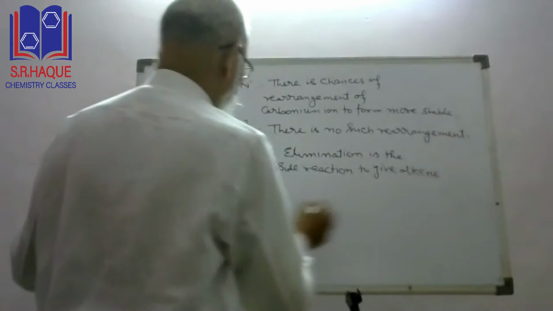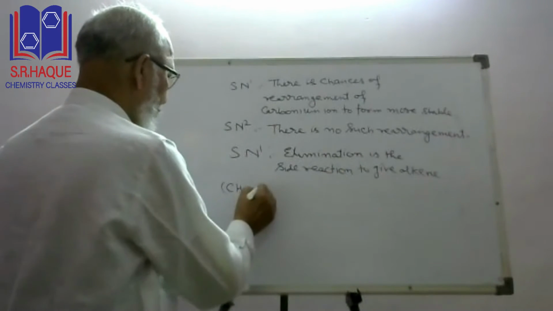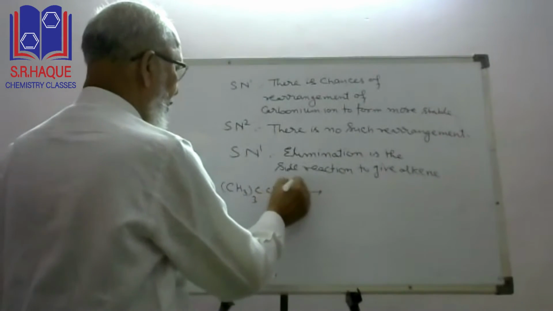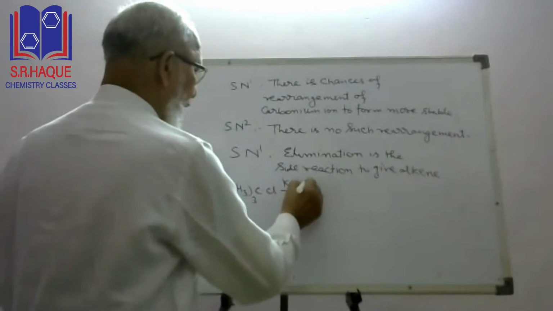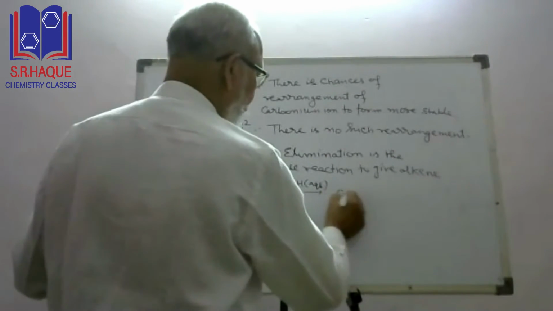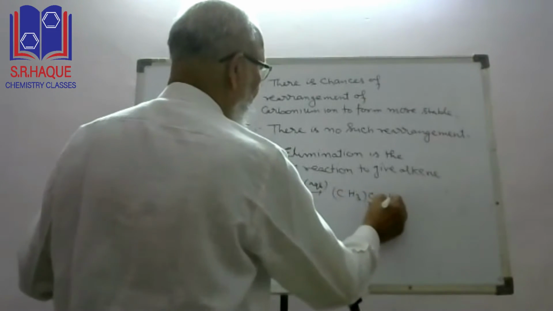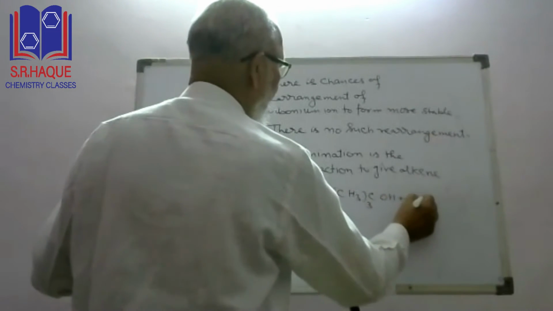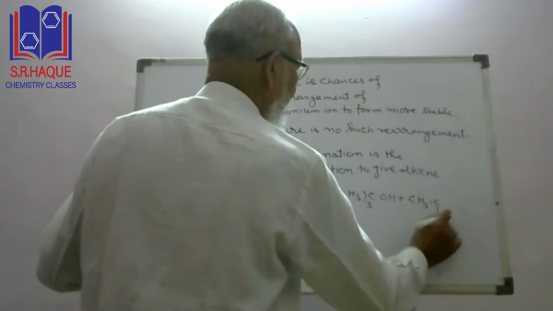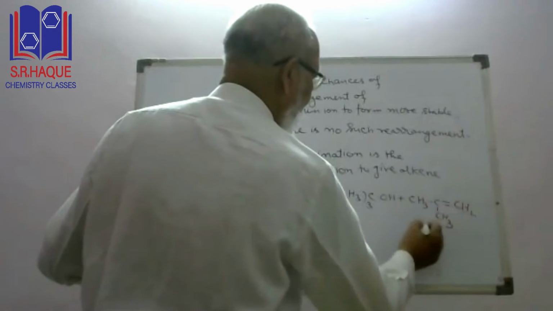For example, if this is your (CH3)3CCl, and it reacts with aqueous KOH, there is formation of (CH3)3COH, plus this alkene compound is also formed, but in minor amount.